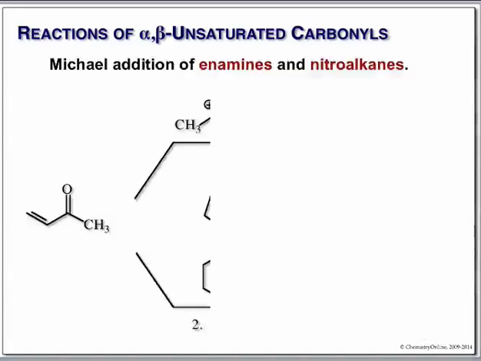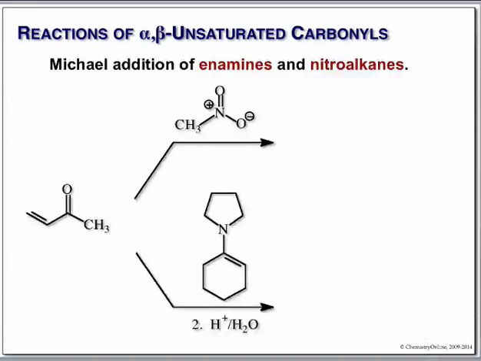Now, there are actually just two more nucleophiles I want to talk about. This is an enamine, isn't it? We made this from a carbonyl compound and this cyclic amine, piperidine it's called.